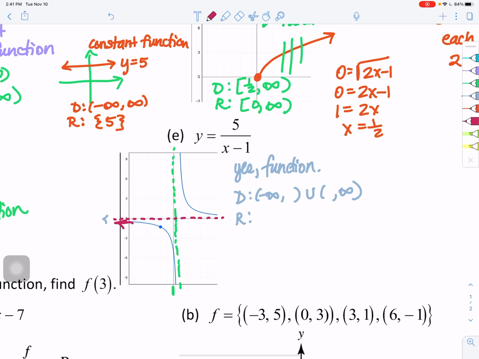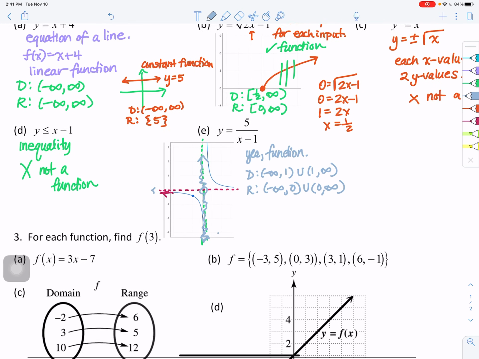This will tend to it. So that makes our range from negative infinity to 0, we don't want 0, and then we're going to go from 0 to infinity. And we do have a function.